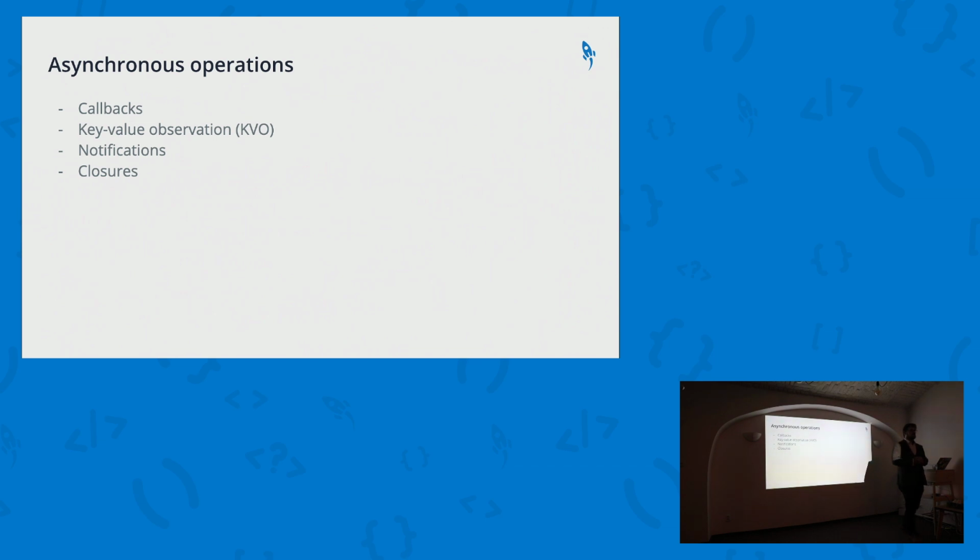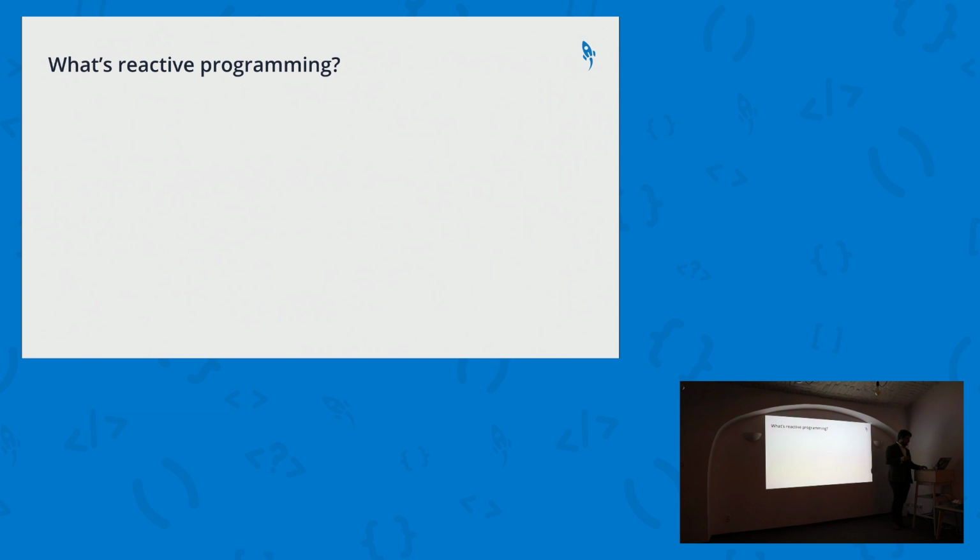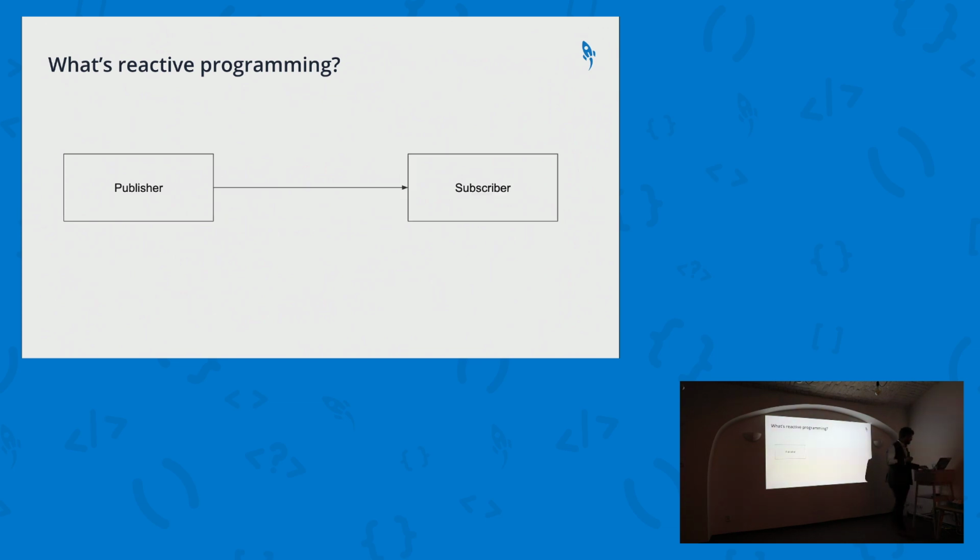And so what's reactive programming? Reactive programming is an abstraction for typical asynchronous operations. The way it works is we have something called a publisher, and the publisher is a box which creates events, right?